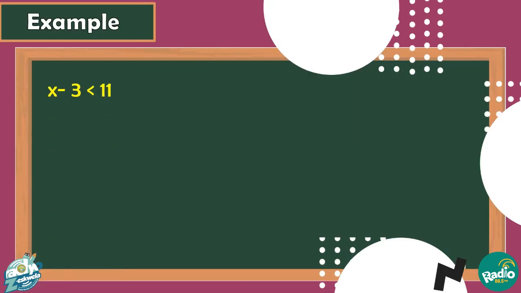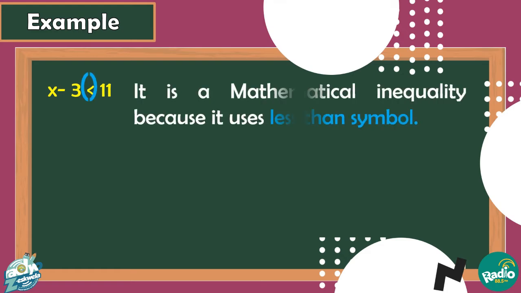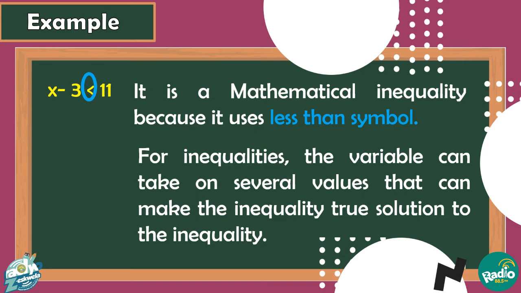x - 3 < 11. It is a mathematical inequality because it uses the less than symbol. For inequalities, the variable can take on several values that can make the inequality true, which are solutions to the inequality.